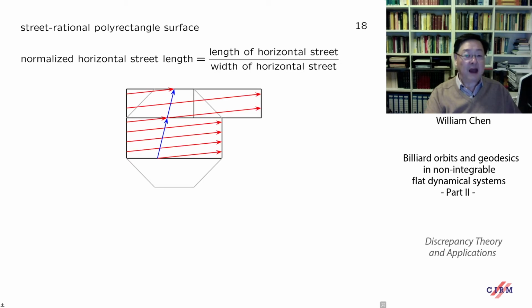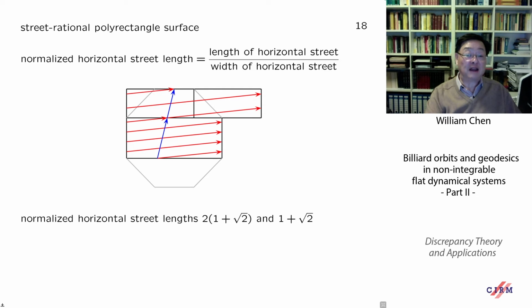Now, if we look at the polyrectangle surface that describes the regular octagon surface, we see that the normalized horizontal street lengths are 2 times 1 plus root 2. That's the street made out of the 2 rectangles at the top. And the length of the other street is 1 plus root 2.